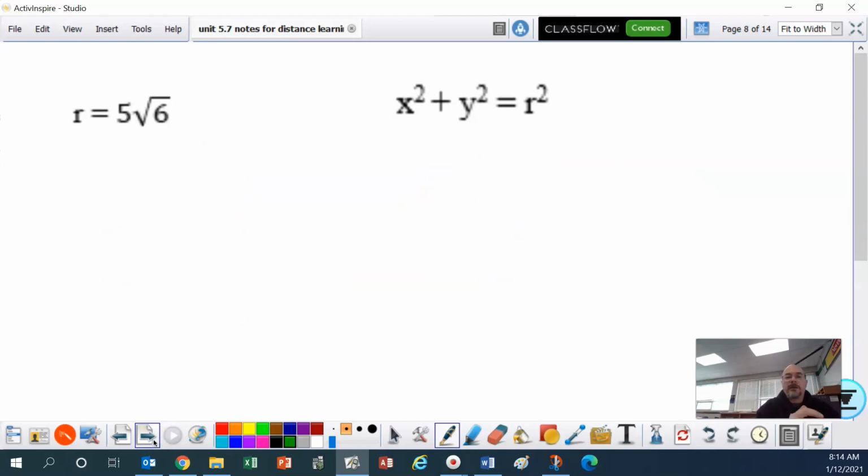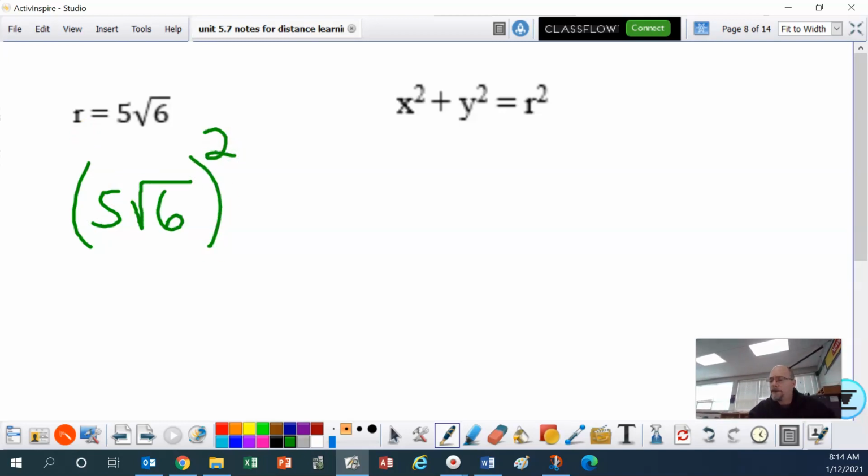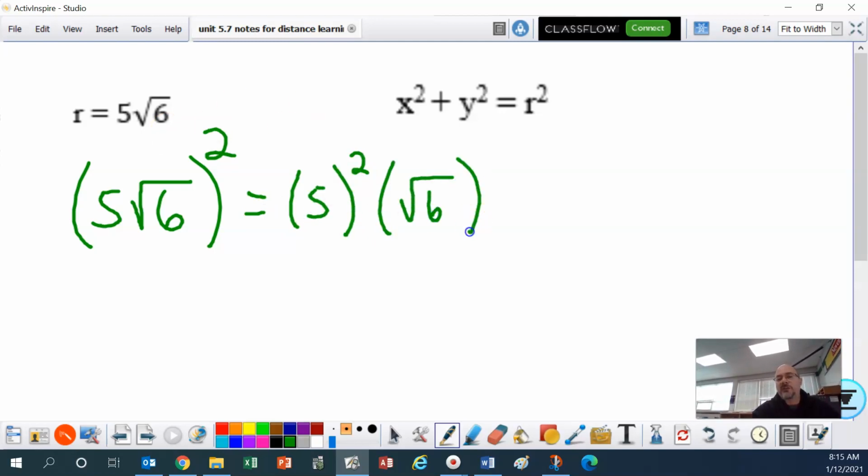All right, the next one. Look at this one. We've got 5 square roots of 6. So I'm going to square 5 square roots of 6. I'm going to break it up into 5 squared times the square root of 6 squared.